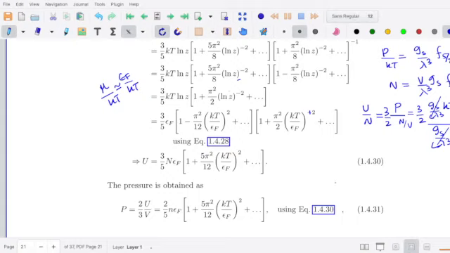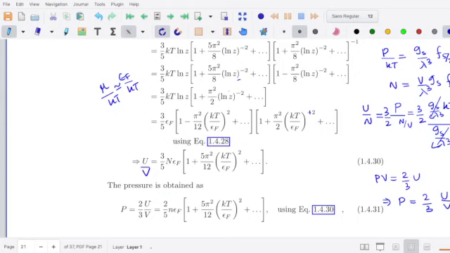Now we can obtain pressure from the formula PV equal to 2 by 3 u, which immediately gives P is equal to 2 by 3 u by V. So u is given by this, so u by V will give 3 by 5 n epsilon f times this divided by V, but n by V is small n, the number density, so I will get 3 by 5 small n epsilon f and this series.